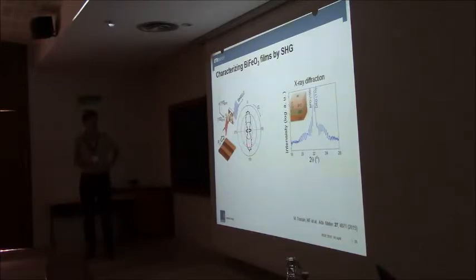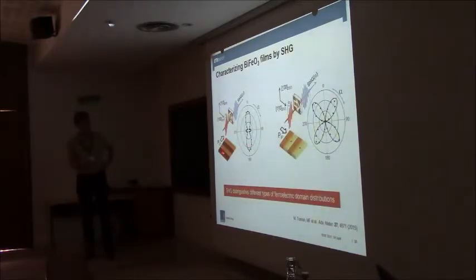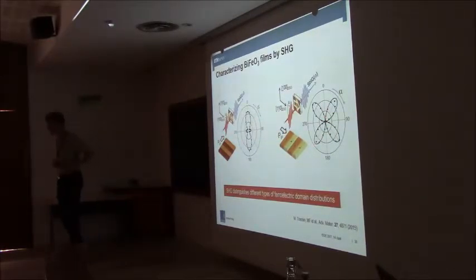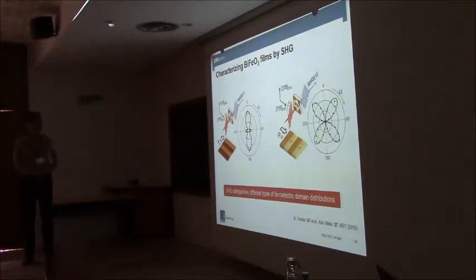If we take another domain pattern, with the net polarization not in this but in that direction, then you get a completely different second harmonic response. So second harmonic generation can exactly tell you what the domain state of your bismuth ferrite is from the polarization dependence.